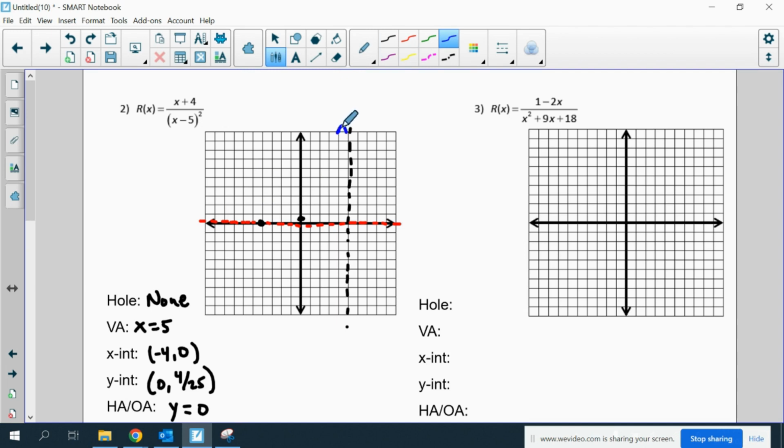So what I'm going to end up with here is a function that looks something like this. It's going to cross at -4 and then come back toward the horizontal asymptote. And since this denominator is squared, notice that both vertical asymptote behaviors are going to go in the same direction.